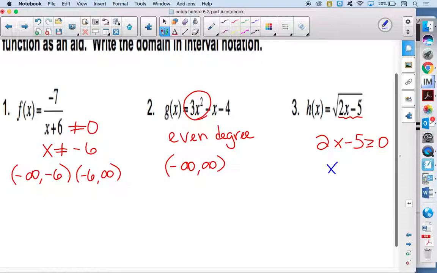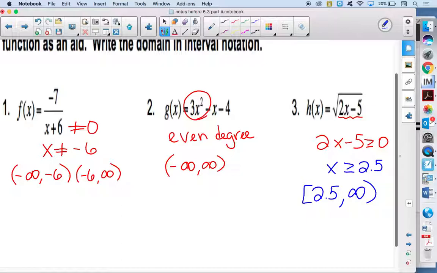So what does x have to be bigger than if we solve the equation? Greater than or equal to 2.5. So how would we convert that to interval notation? Right. So greater than or equal to means it starts at 2.5, which gets a bracket. It goes to positive infinity.